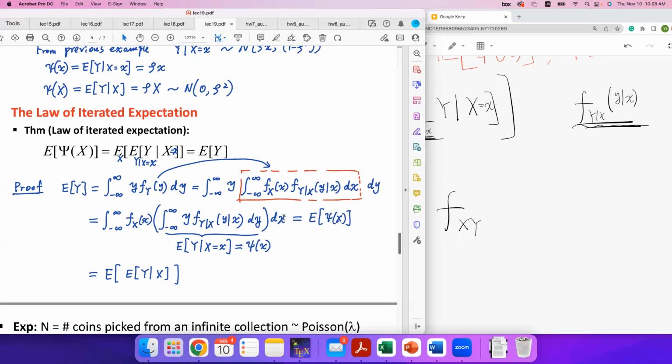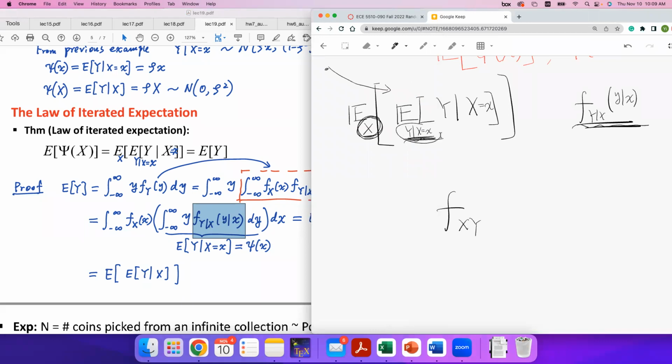Once we fix a realization of x in the inner expectation, the inner expectation is handling the randomness of y given x, right? So the inner expectation is the expectation of y given x. And depending on different realizations of x, this conditional PDF will be different.